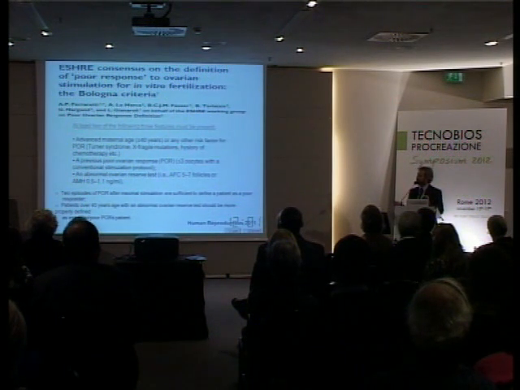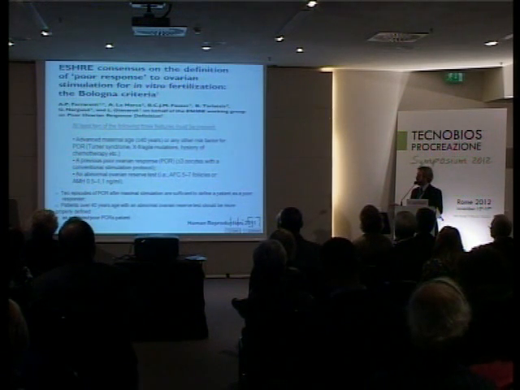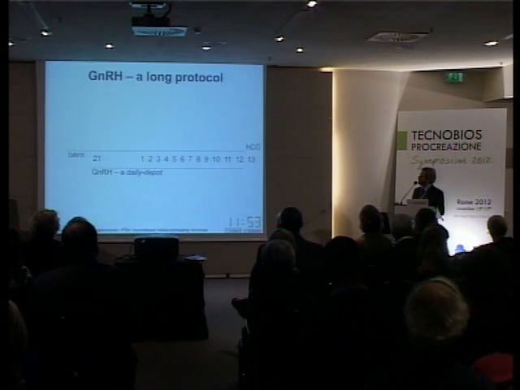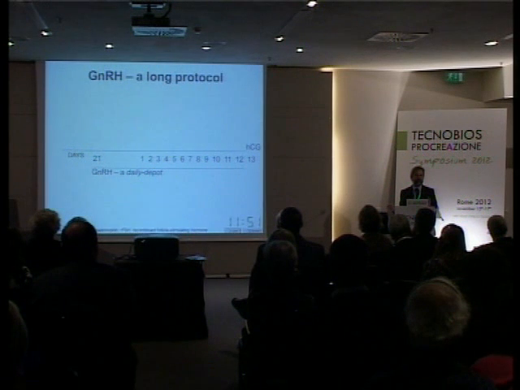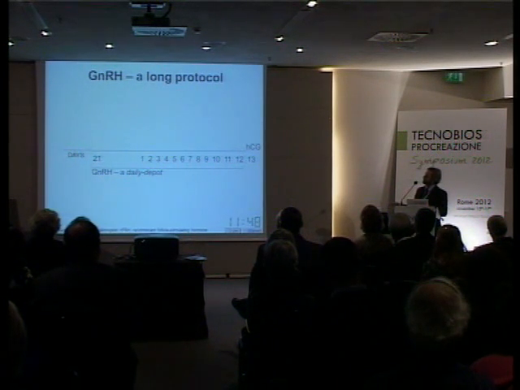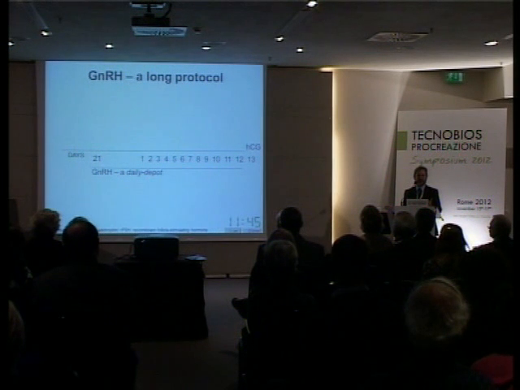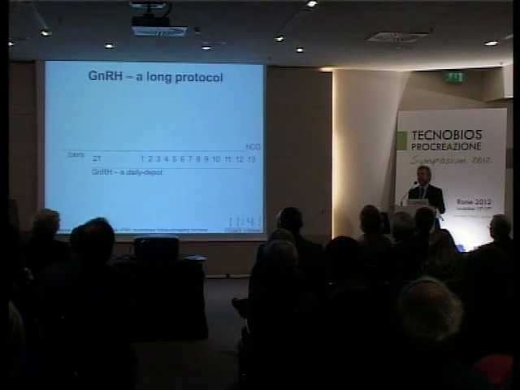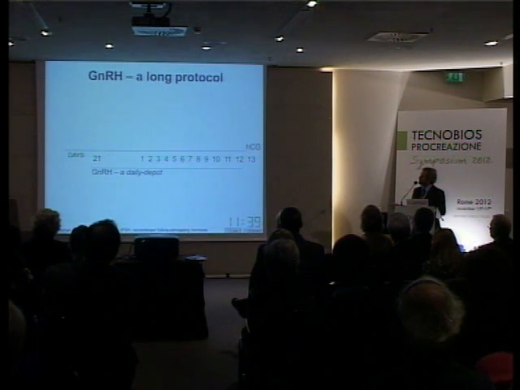This is a crucial point, because this concept is totally different from the concept of hyperresponders that we tried to define. Just an example from clinical practice. This is a schematic representation of a standard GnRH agonist protocol in a young normogonadotrophic patient with a normal ovarian reserve.